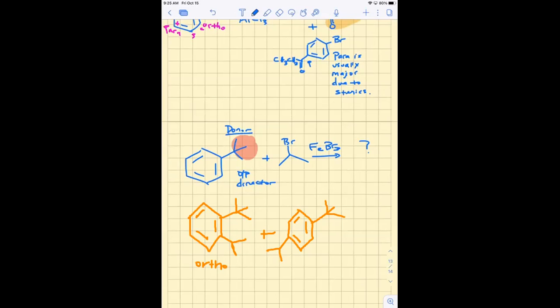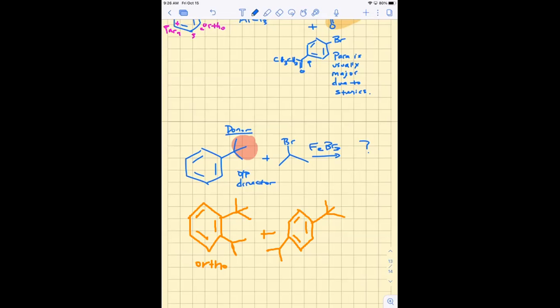The basic concept that we're getting at is if the ring is substituted prior to the reaction that you're trying to do, whether it's acylation, alkylation, halogenation, nitration, sulfonation, it doesn't matter, the substituent on the ring is going to dictate where your electrophile ends up.